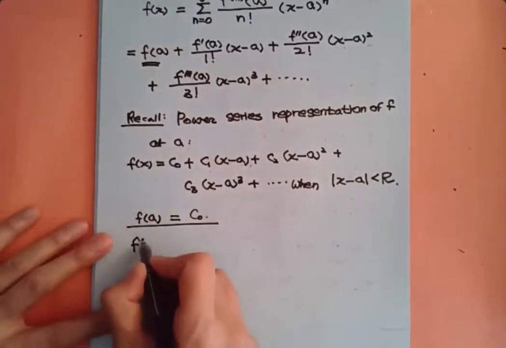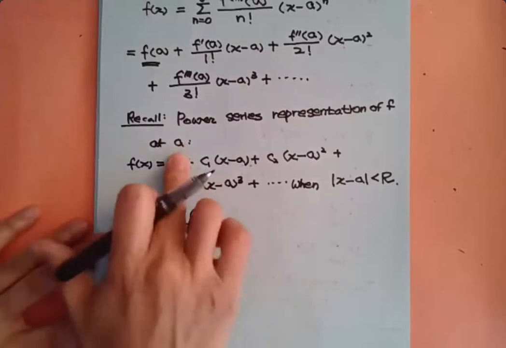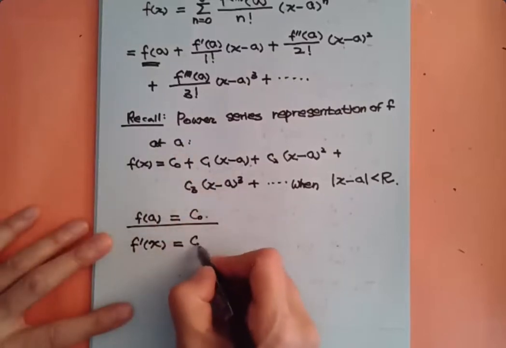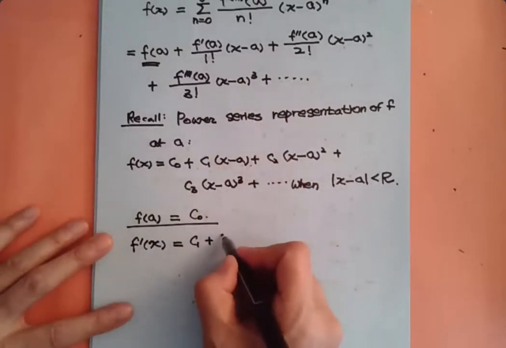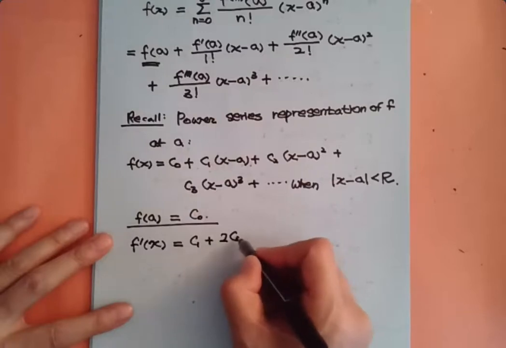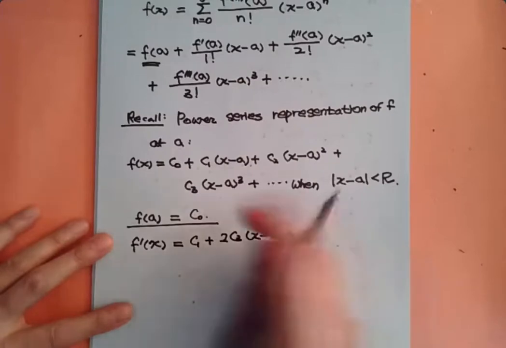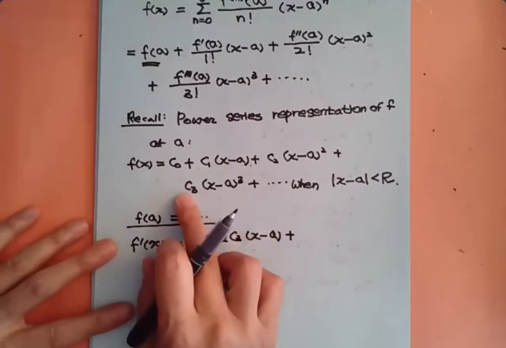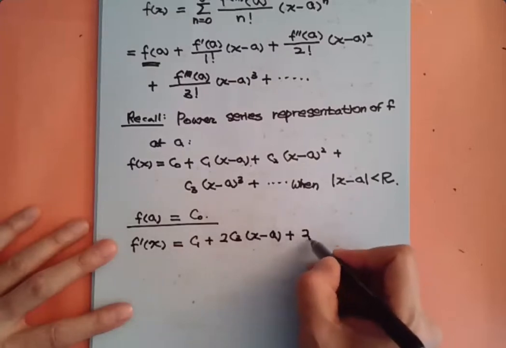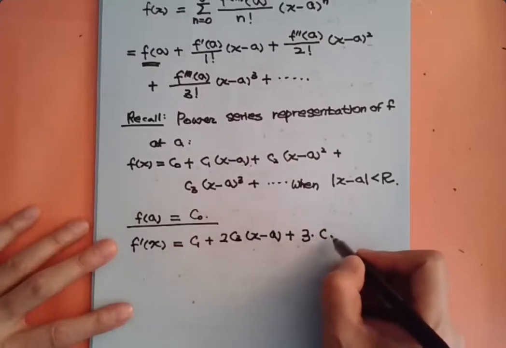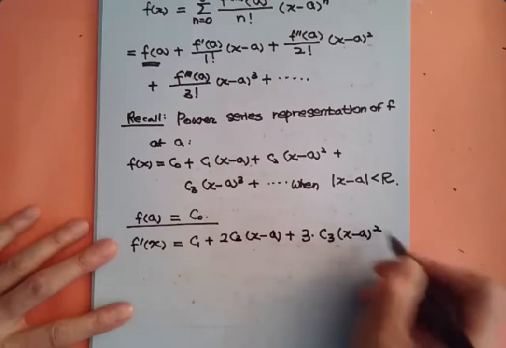So f prime of x equals, the first one will vanish, and the second one is c1, plus the third one is 2 c2 times (x minus a), plus this one will be 3 times c3 times (x minus a) squared.